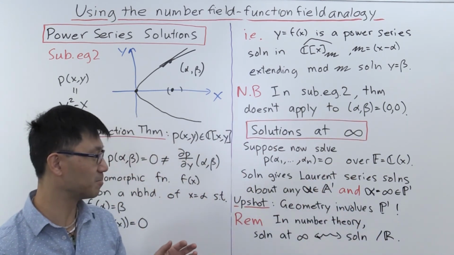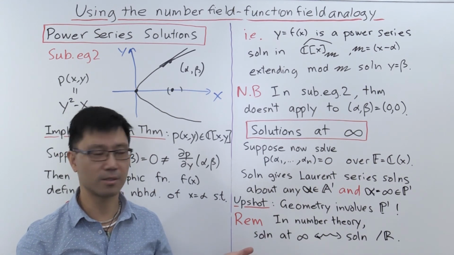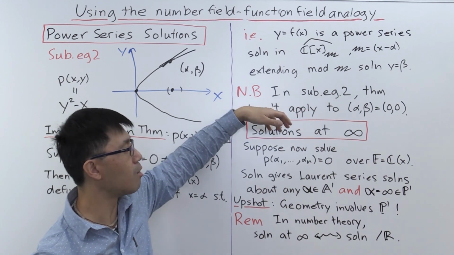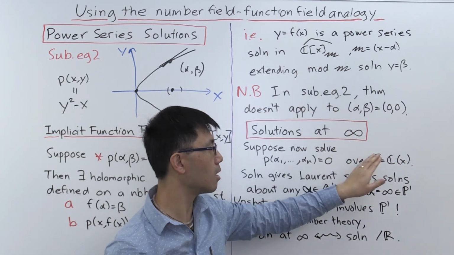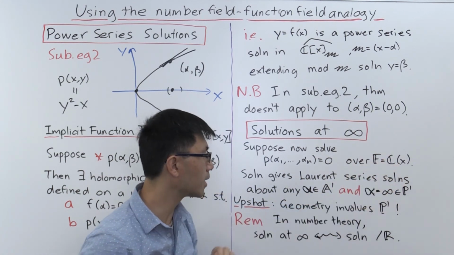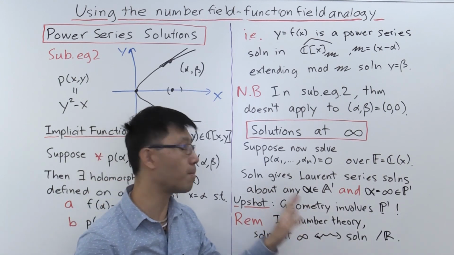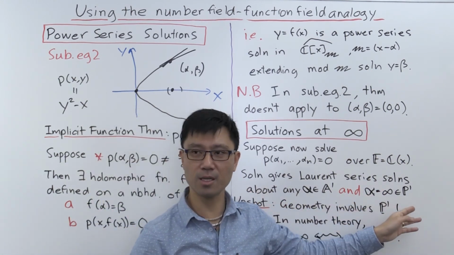And the point is, well, what about in number theory? Suppose now you're not looking at solutions over the integers, but over the rational numbers. Again, each such solution will give you a solution over the p-adic rationals. But can you take p equal to infinity?